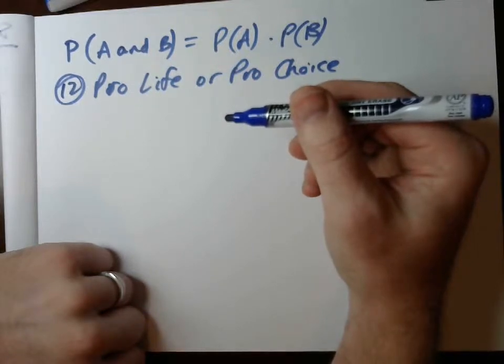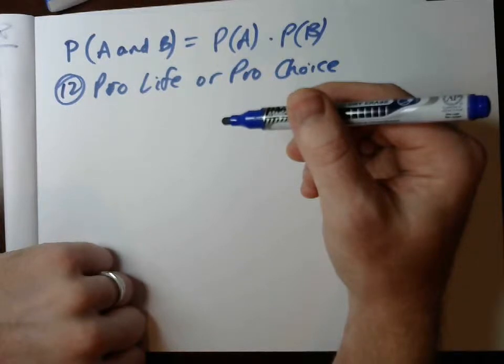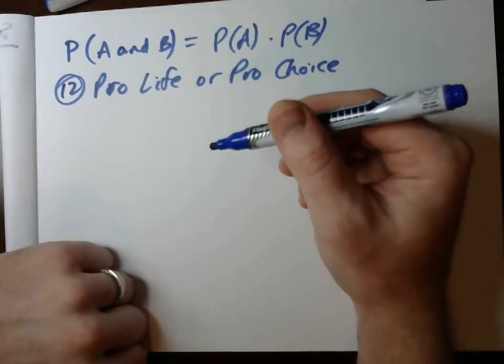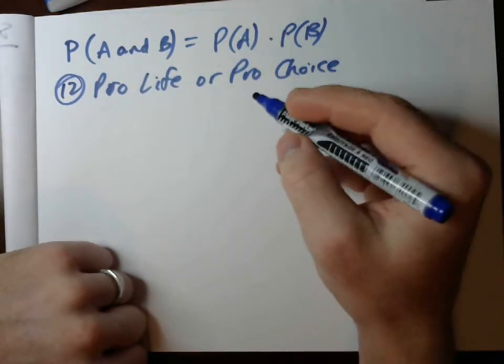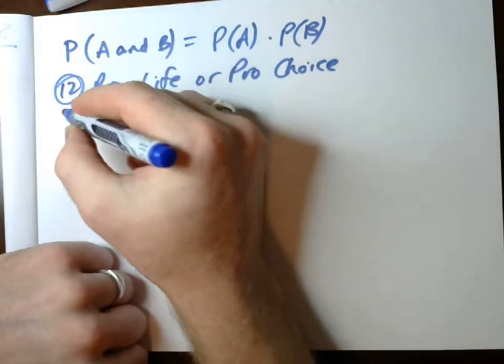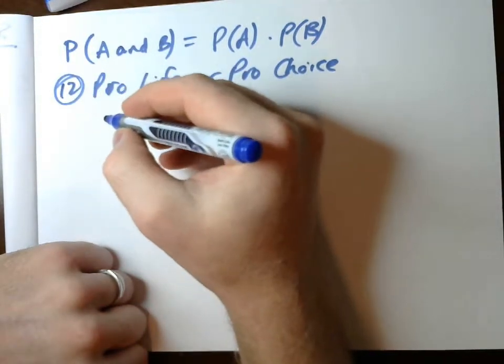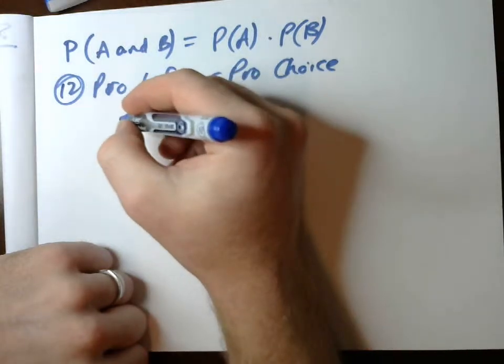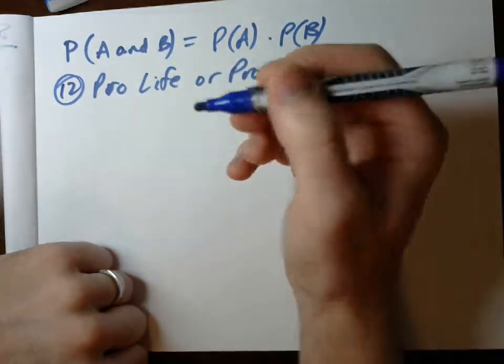A recent Gallup organization poll asked male and female Americans whether they were pro-life or pro-choice when it comes to abortion issues. The results of the survey are as follows. This is based off of a sample, and it's given here already. We have 2 variables, as you can see.